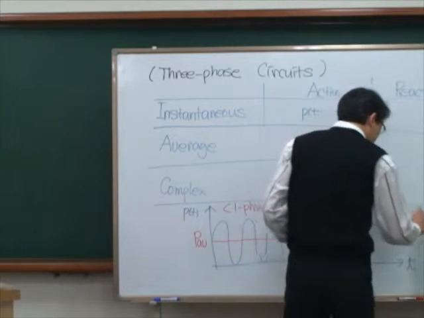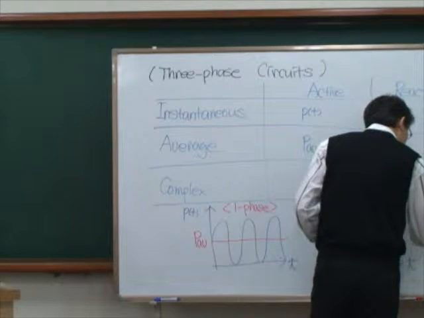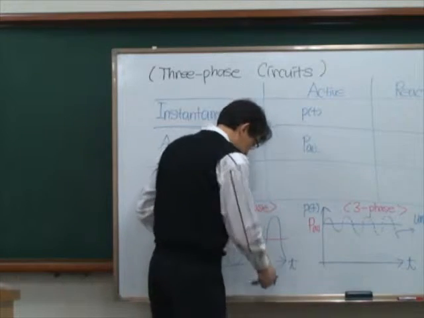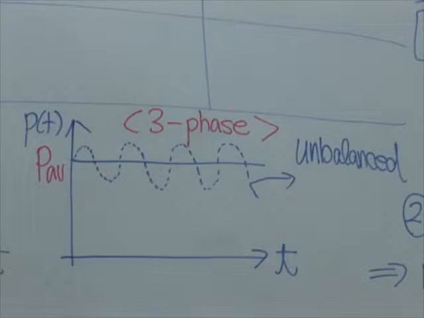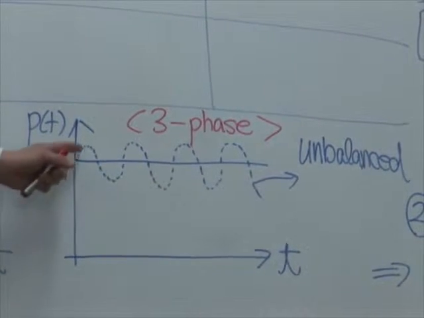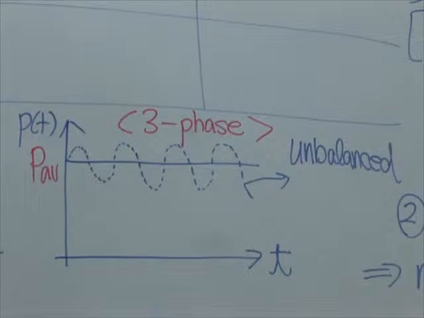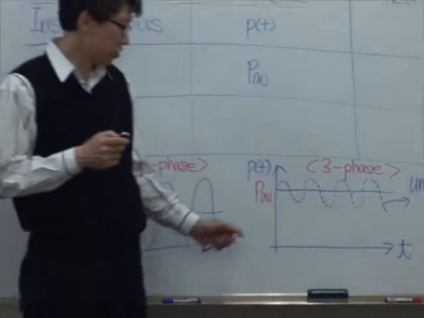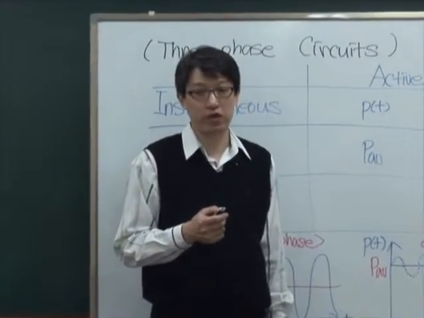This is when unbalanced. Okay? So when the system is no longer balanced, then we start to have some oscillatory component. This is pretty bad. Okay? But in this semester, we will not consider this oscillatory nature. We only assume that everything is balanced.